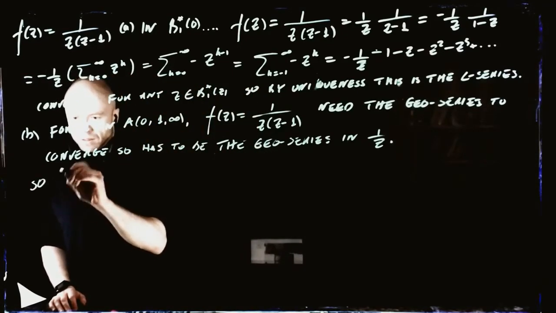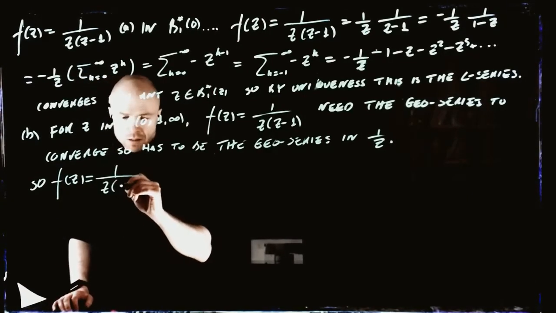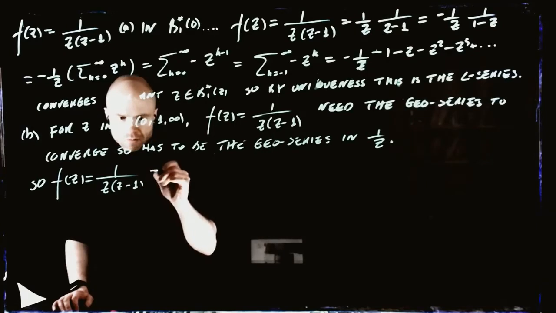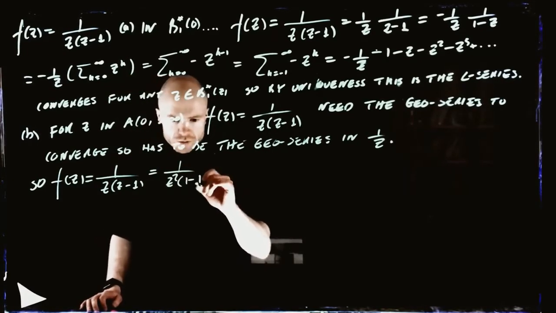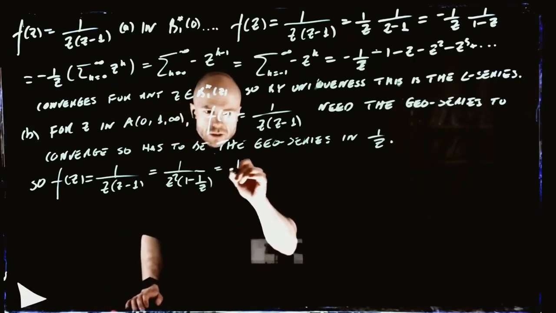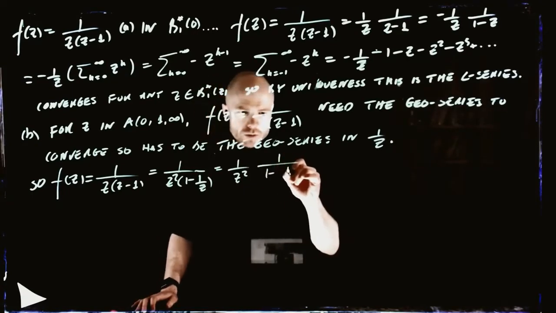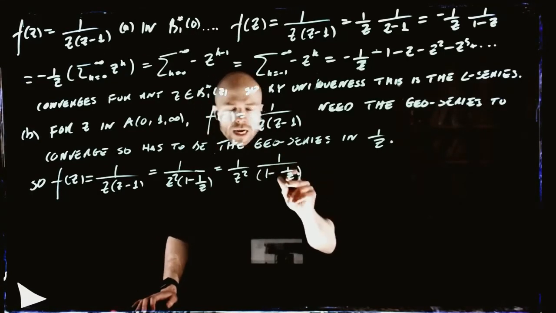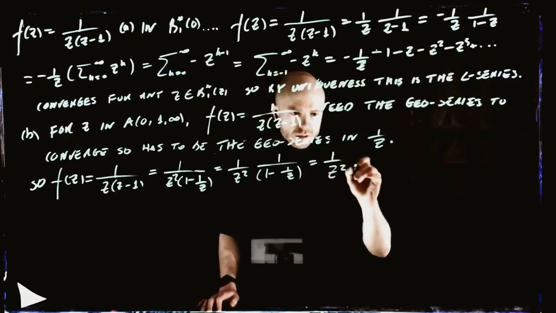Because f of z equals 1 over z, z minus 1, and let's write that as 1 over z squared, 1 minus 1 over z. Cool. Yep. And then we write this as 1 over z squared, and then 1 over 1 minus 1 over z. And this thing is indeed something we now can expand with the geometric series.